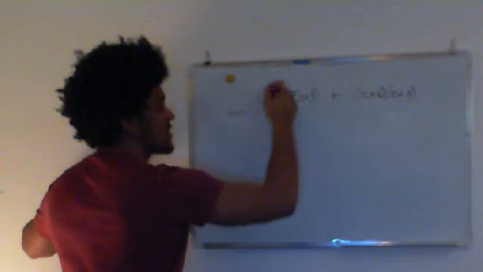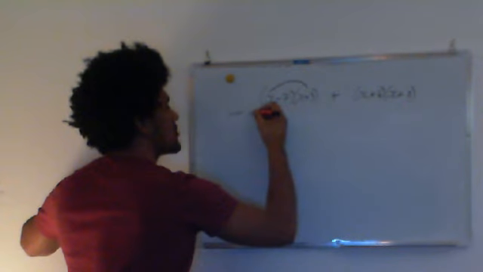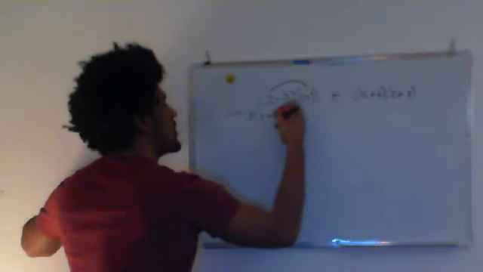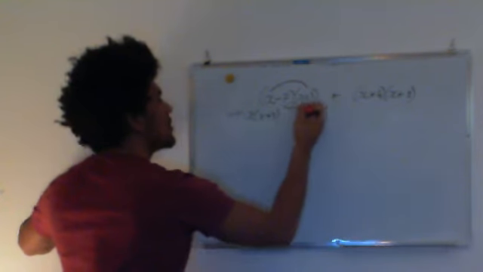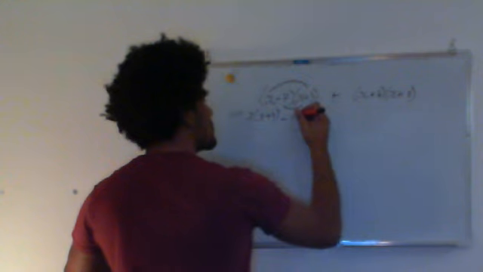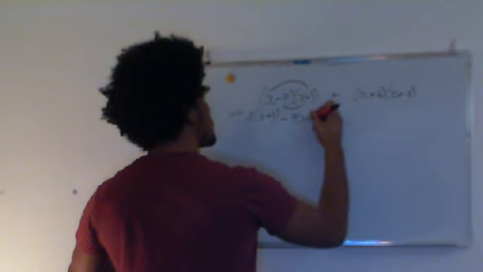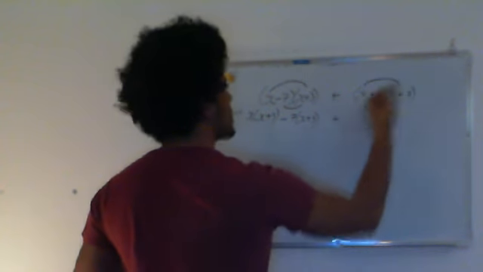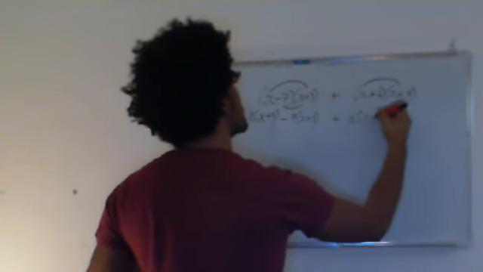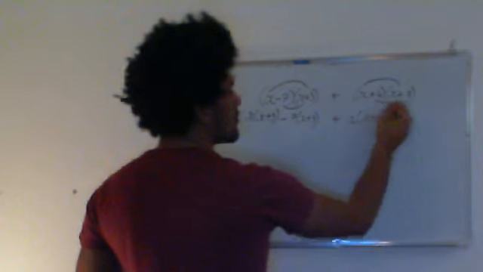So it's just going to be x times by that bracket, x times by x plus 3, minus 7 times by x plus 3, plus x times by that bracket, x times by x plus 11, plus 4 times by x plus 11.